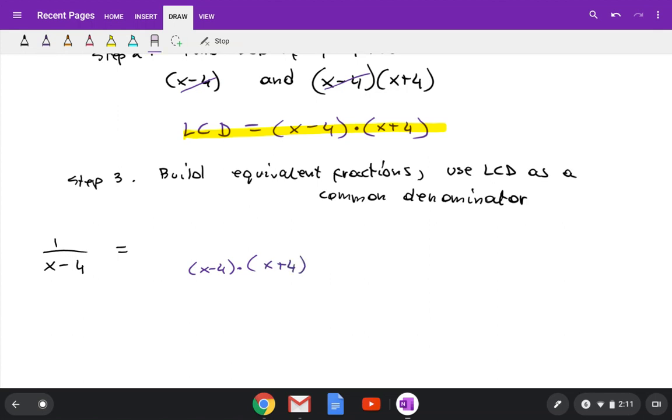So look what happened. We already have x minus 4. So the missing factor is x plus 4. So we multiply top and bottom by x plus 4. So now we have that common denominator, and the numerator you multiply here.